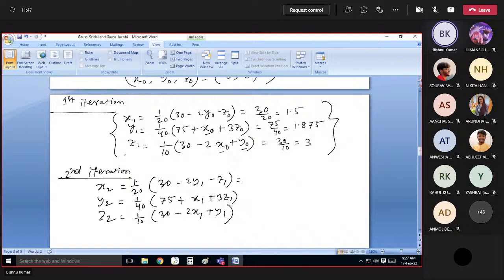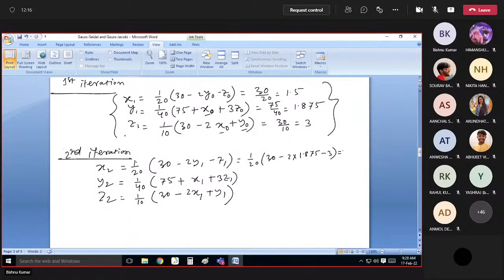So can you calculate this? Quickly tell me the answer. 30 minus 2 into y1, which is 1.875, minus z1. What is z1? z1 is 3. After doing this, what value will you get? Quickly tell me. 1.1625.